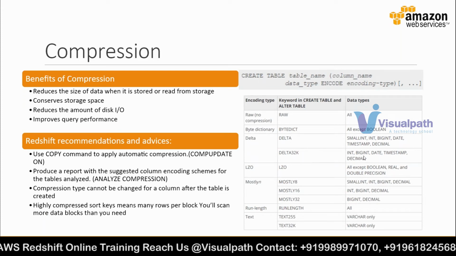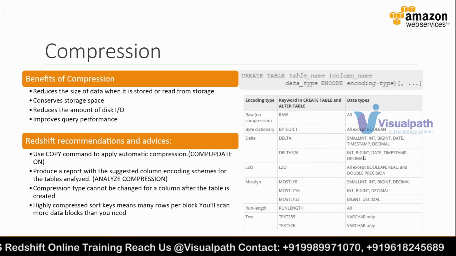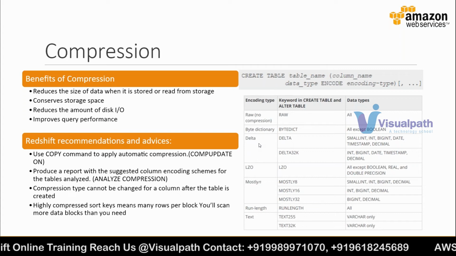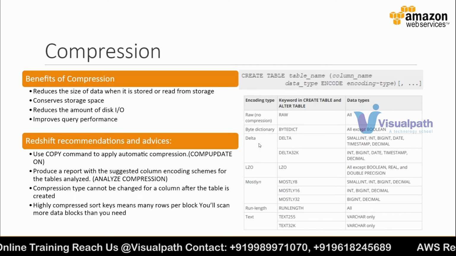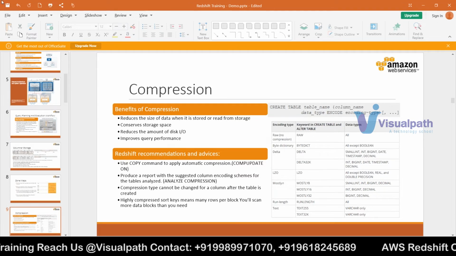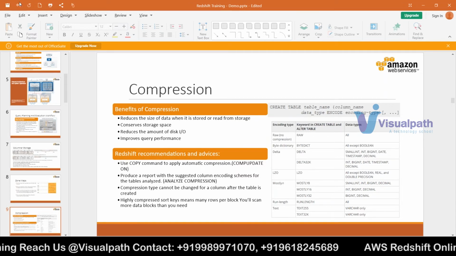For integer, bigint, smallint. So these are the different compressions that we use. Actually, Redshift recommends not to specify compression at the time of creating a table.